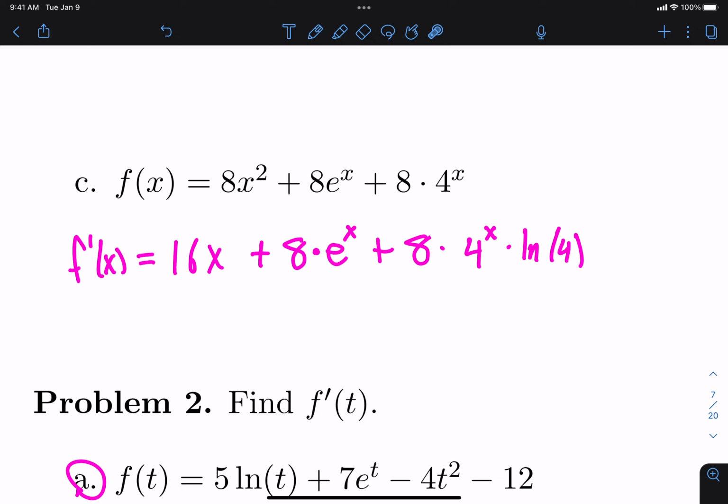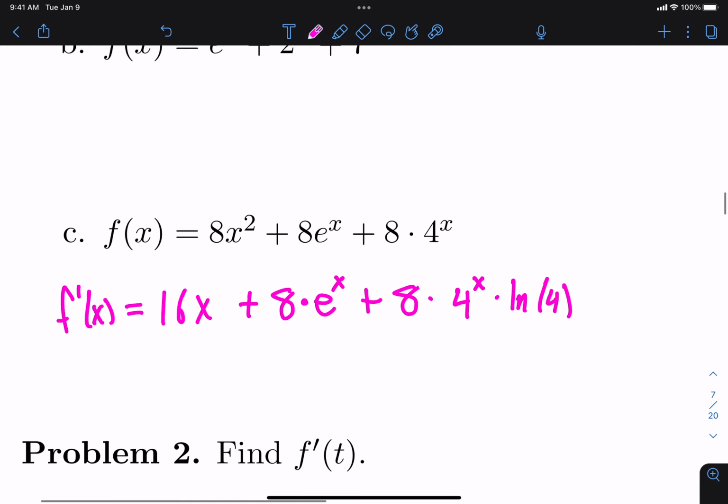Yeah. Is there ever a time where you need to multiply the 8 times the 4 to the x? Well, the question, are you asking, can we combine these two, basically? Yes. We actually can't, right? Because if you were to put parentheses around this thing, 4 is what's being raised to the x power. So x is 1, 2, 3, 4.